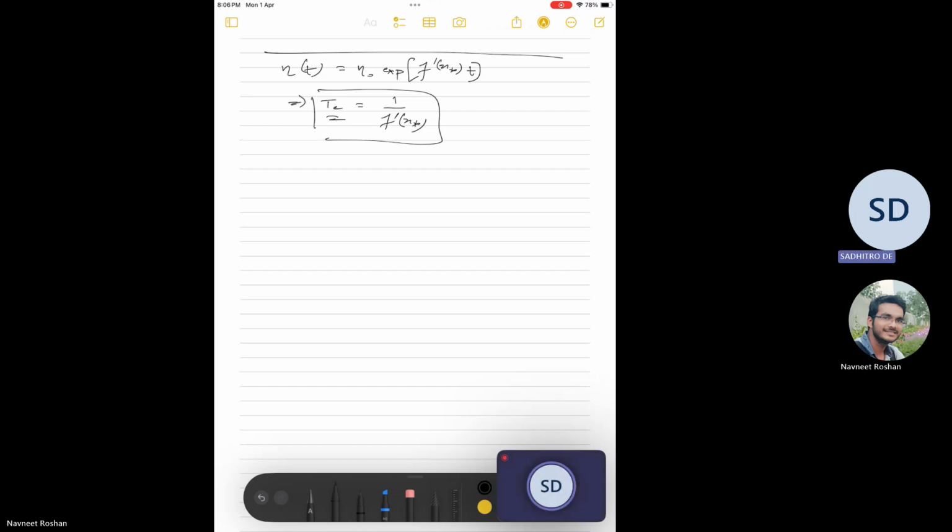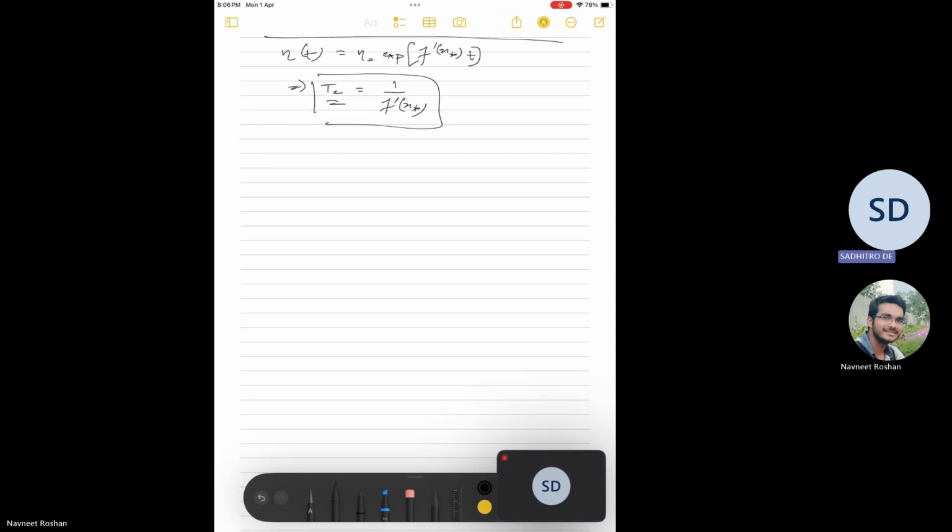Okay, now let us turn to some of the special cases when f dash of x star is equal to 0. So for example, consider the following equation, that x dot equal to minus x cubed.